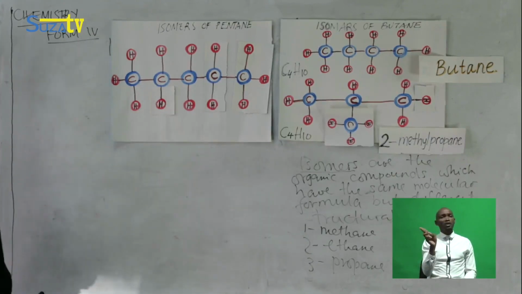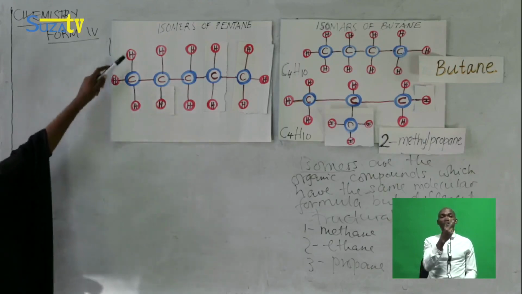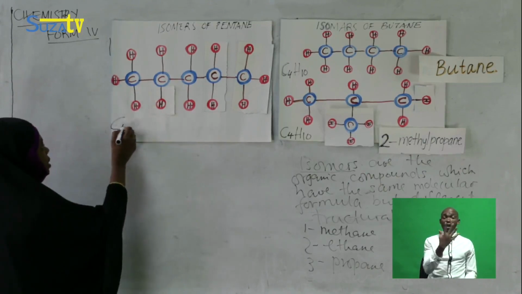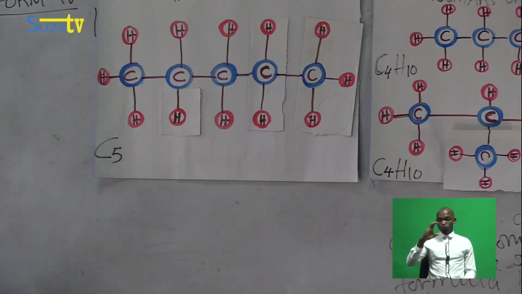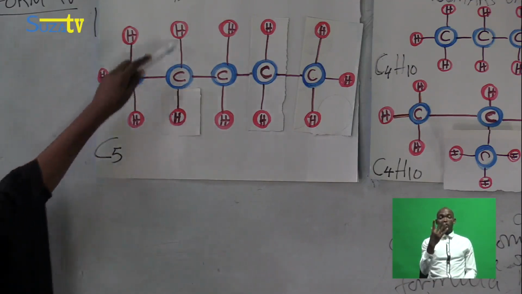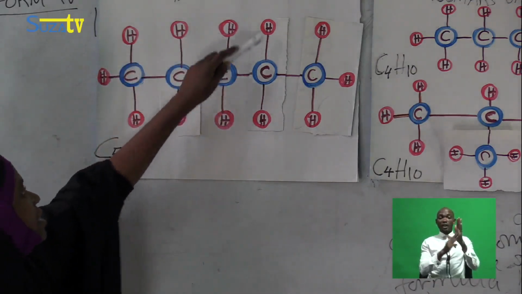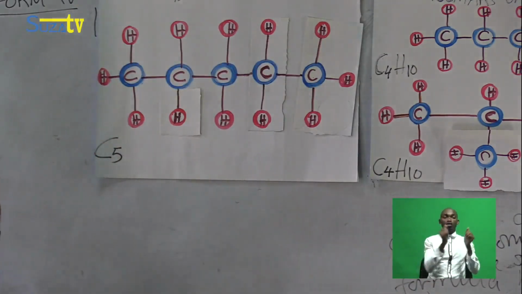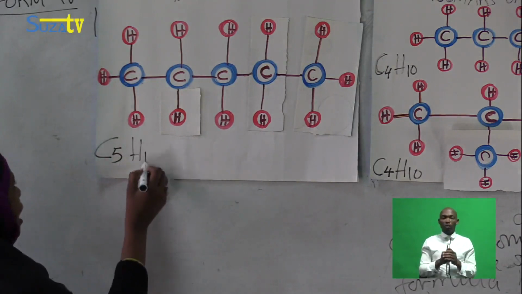And how many hydrogens? Let us count together. 1, 2, 3, 4, 5, 6, 7, 8, 9, 10, 11, 12. Good. There are 12 hydrogens.